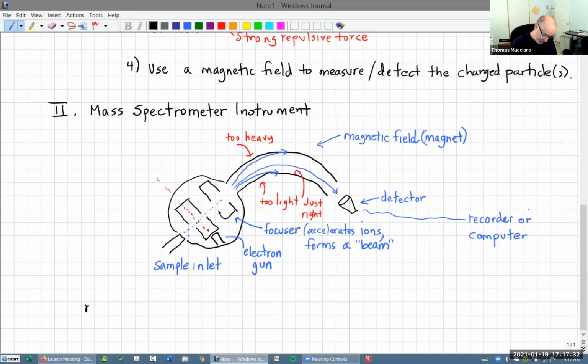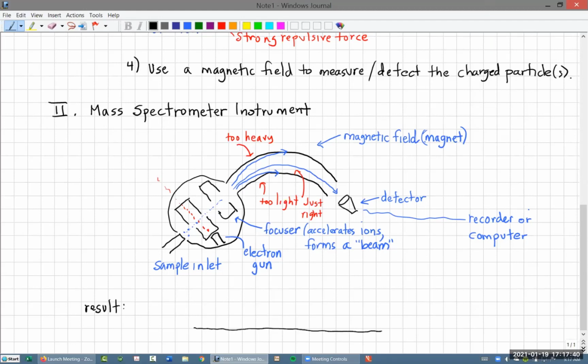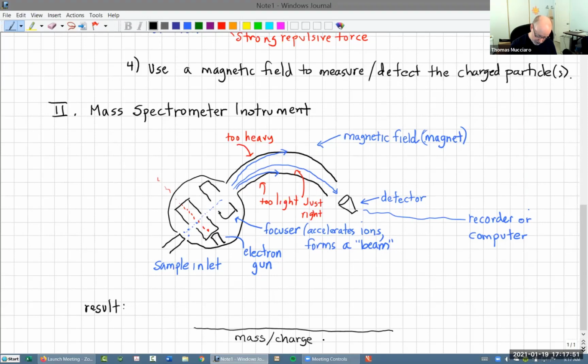And the result looks something like this, where down here, this is the mass to charge ratio, not ration, ratio, okay?